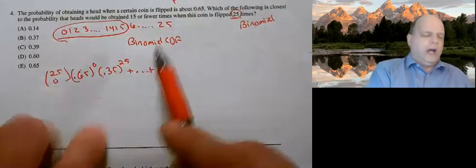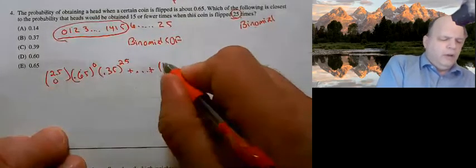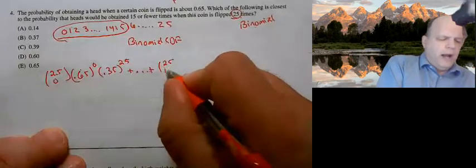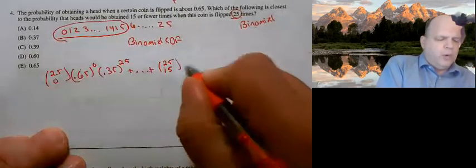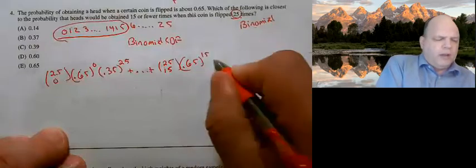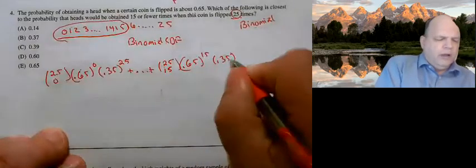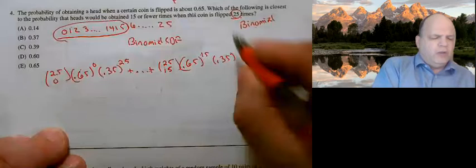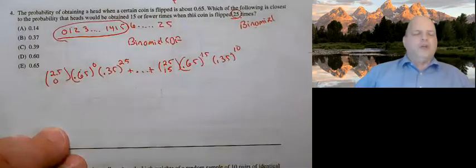We're just going to do lowest and highest. So 25 choose 15, since our highest value is 15, 0.65 to the 15th, 0.35, and 25 minus 15 is 10. So that would be work shown.